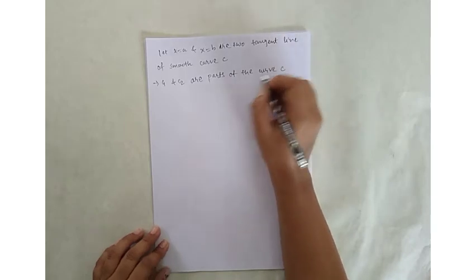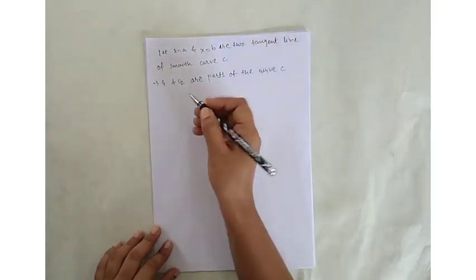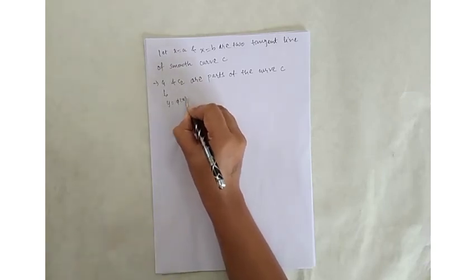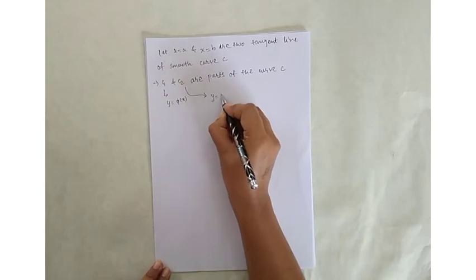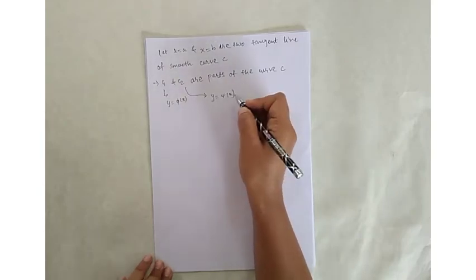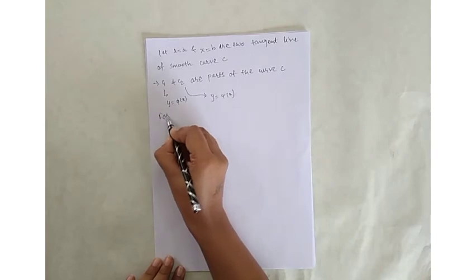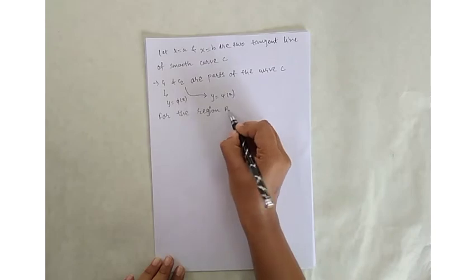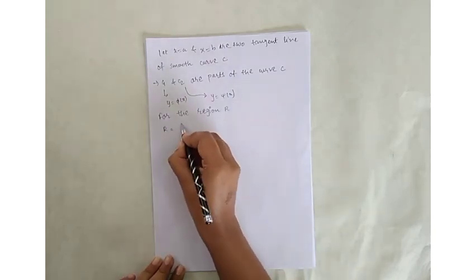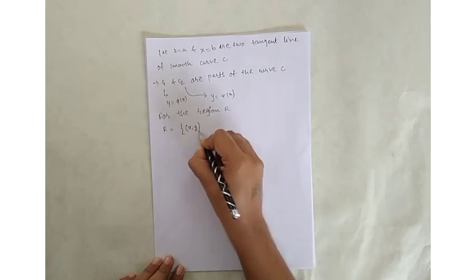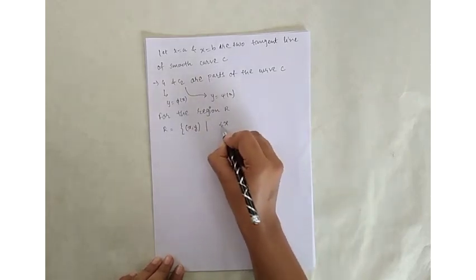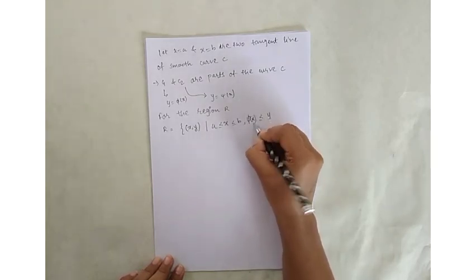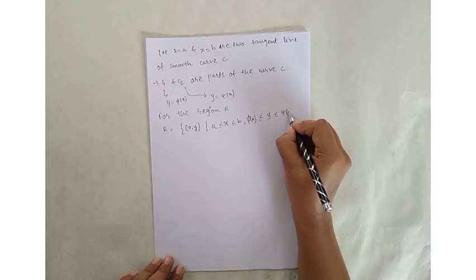The equations are: corresponding to C1, y equals phi of x, and corresponding to C2, y equals psi of x. So for the region R, we denote R as all ordered pairs (x, y) such that x is between a and b and y is between phi of x and psi of x.